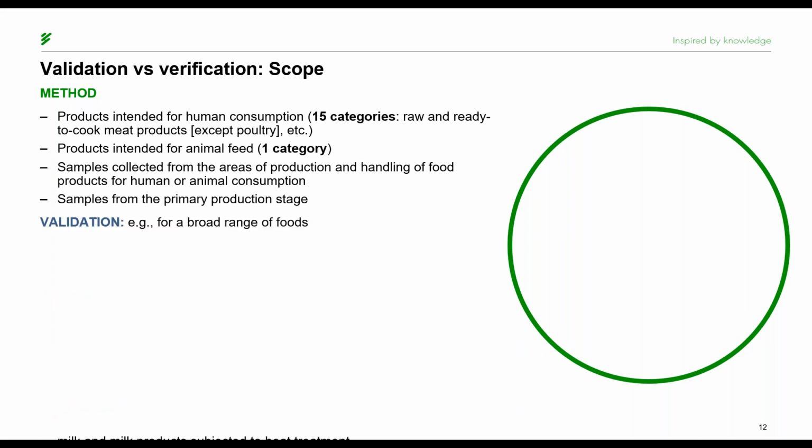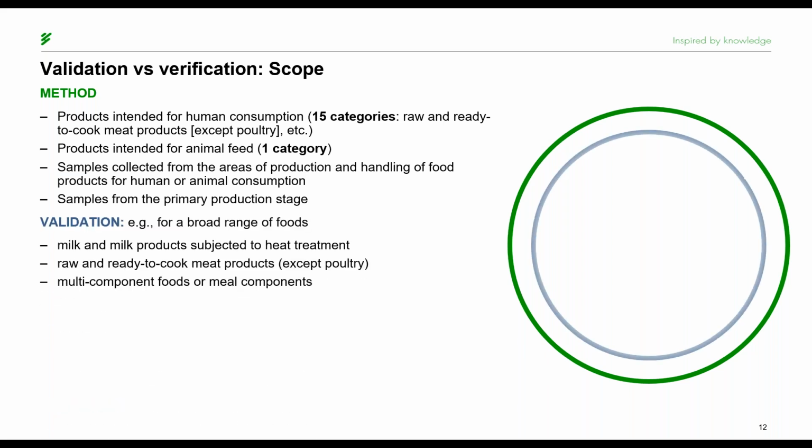Then in the scope of the validation, if it's for a broad range of foods, for example, milk and milk products, raw meat products, multi-component foods could be chosen, which are foods from different categories that are within the scope of the method.